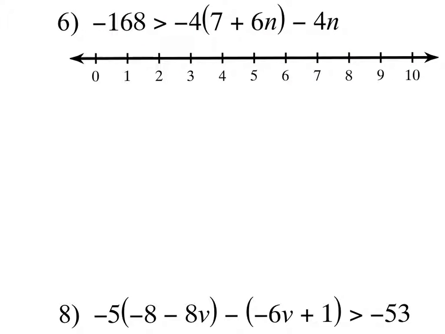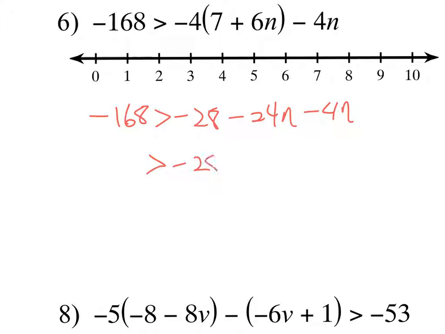Here we want to first simplify the right side of the inequality. So I'll copy down the left side. It's actually an inequality, 168. Distributing the negative 4, we'll have negative 28 minus 24n minus another 4n. So going further, we'll have negative 28 minus 28n is negative 168.